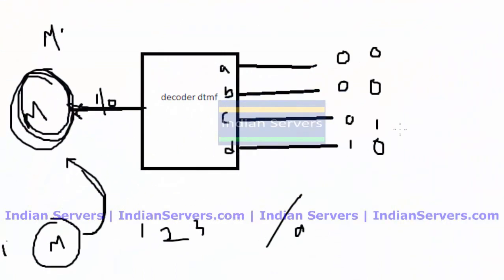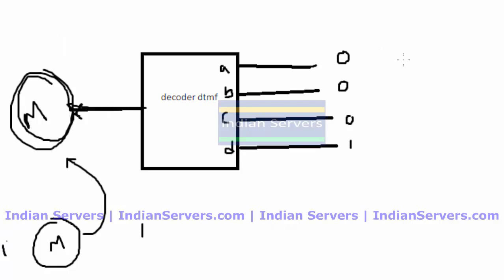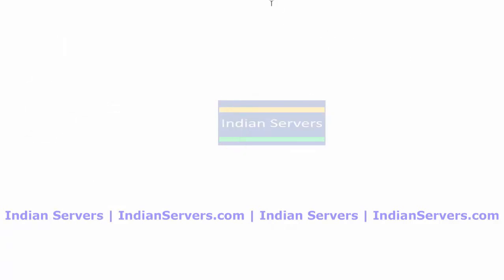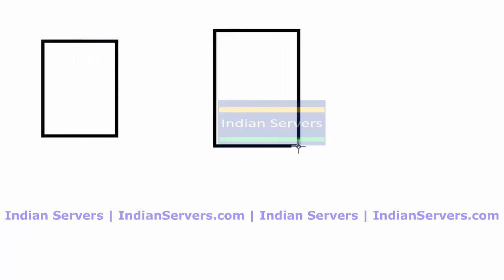So now we are going to interface this DTMF decoder to the Arduino. So assume that this is a DTMF decoder. This is the Arduino board. The output of the DTMF decoder is connected to the Arduino.